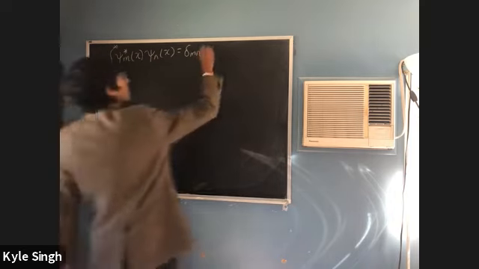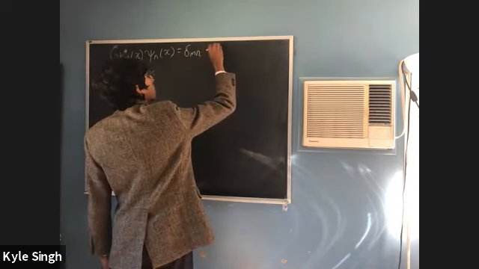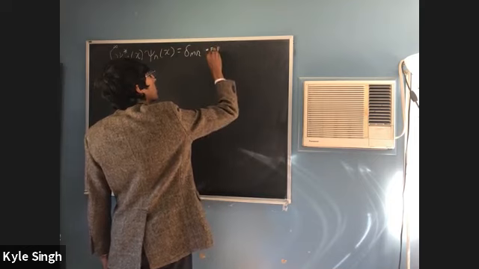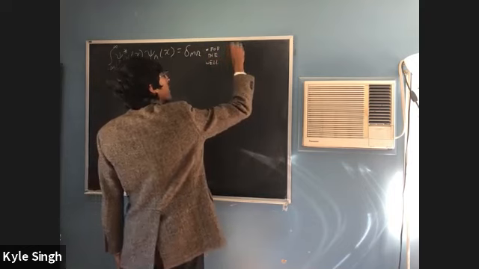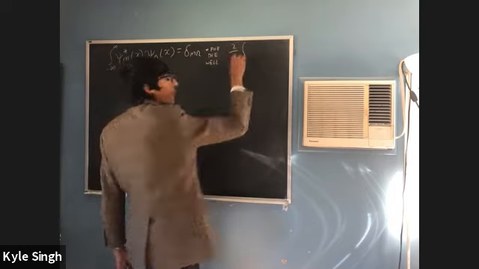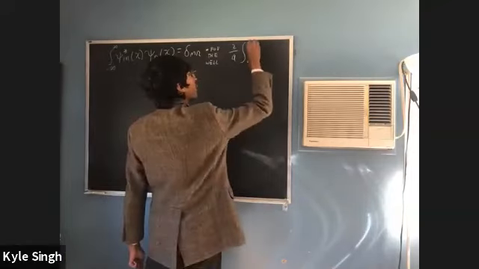Okay, so let's do this for the infinite square well. What is this going to be? I'm going to get a 2 over a, from root 2 over a times 2, because I'm going to have two wave functions. We're going to integrate from 0 to a.